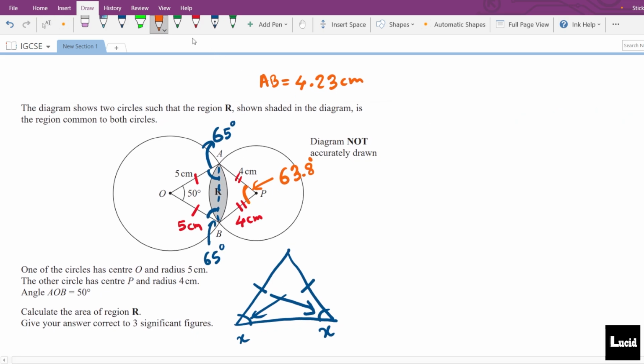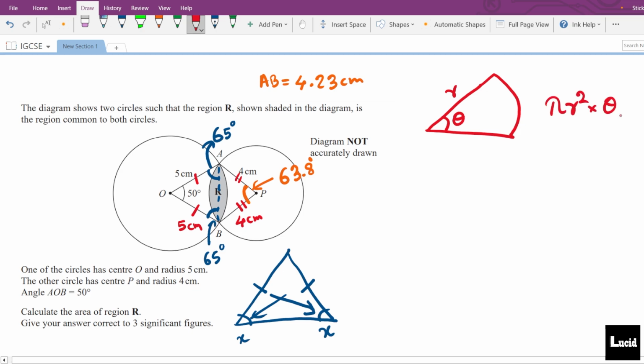Now let's see how to find the region. To find the area of a sector, let's say the angle is theta and the radius is r, the equation is pi r squared into theta over 360. Now let's find the area of the sector AOB.